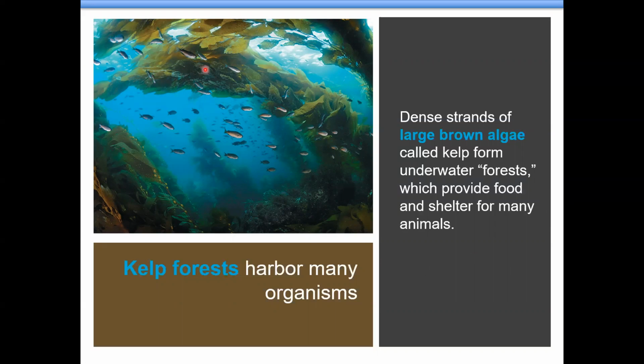So these are actually huge pieces of large brown algae. This provides a ton of shelter, places to hide, places to live for many organisms, and provides a source of food. So these are really important ecosystems for supporting a lot of life along the coast and oceans.